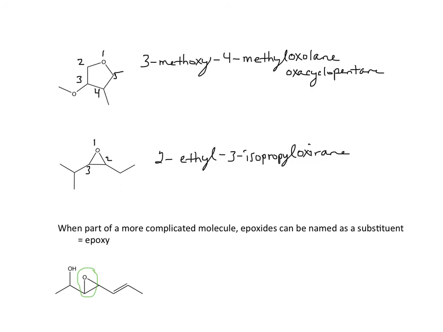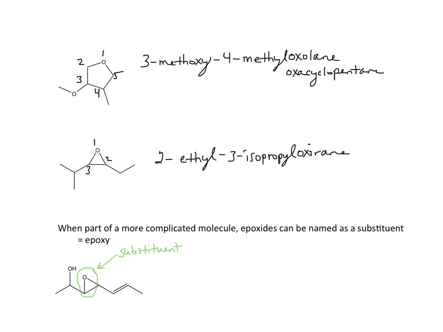So the priority really does go to the alcohol, and what that does is that turns that epoxide, the epoxy group, into a substituent. So it's pretty common to see these as substituents within a molecule that has more important things in it.